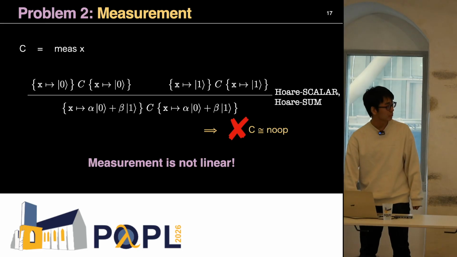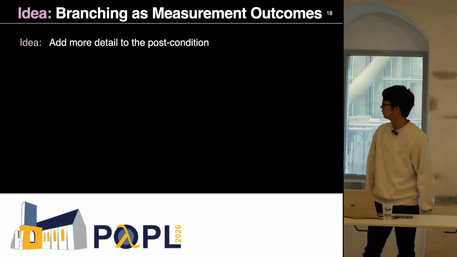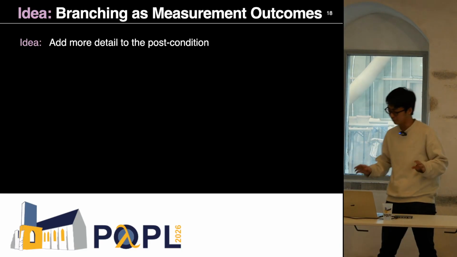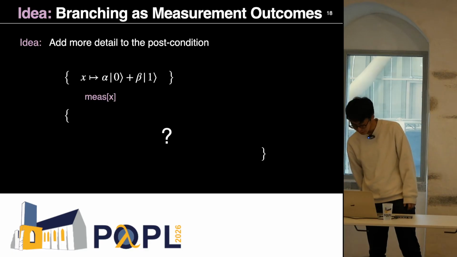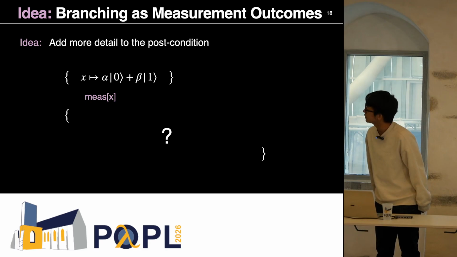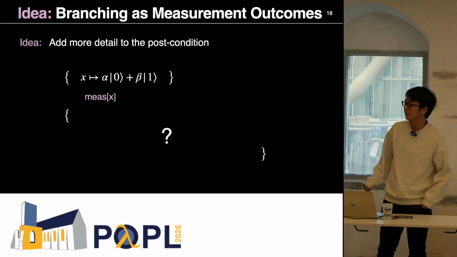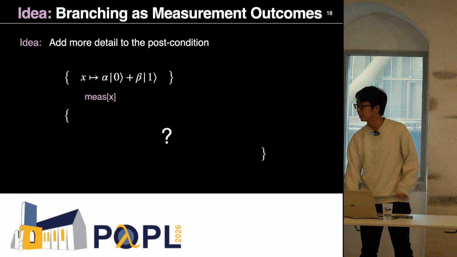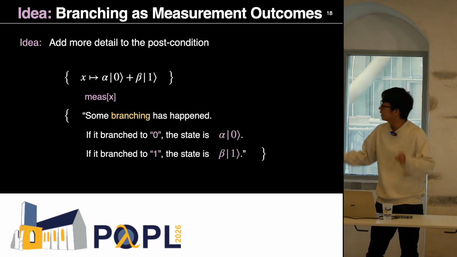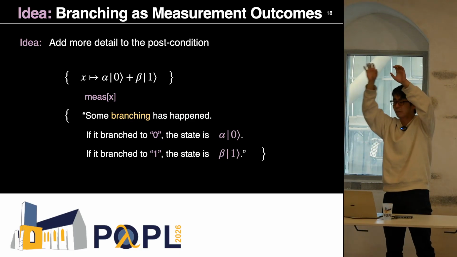Okay, we want to solve this problem. The idea to solve the problem is that we want to be a little bit more precise in the postcondition. So let's think about this Hoare triple, which says you want to measure something. And the postcondition I want to consider here is something like this, which says after measurement, you create some kind of branching.